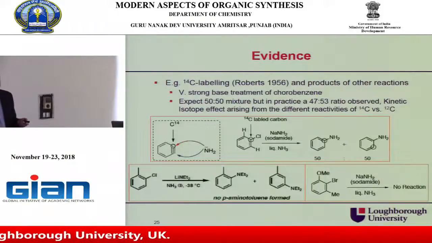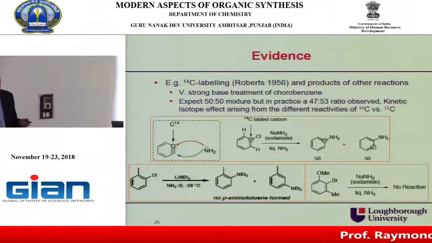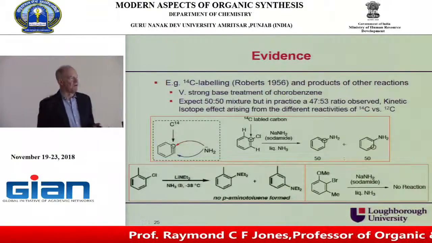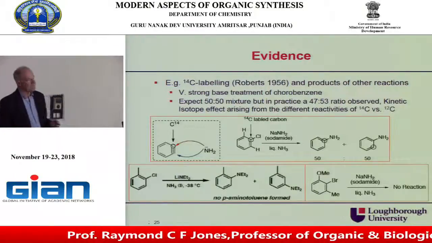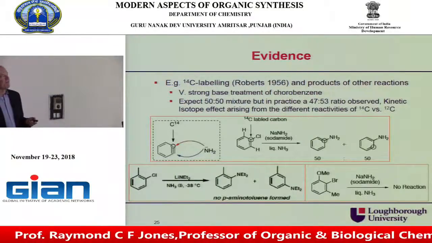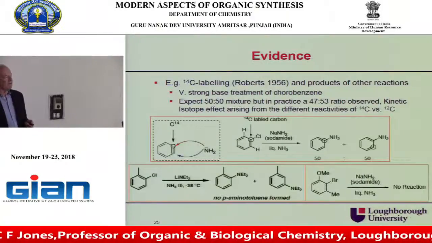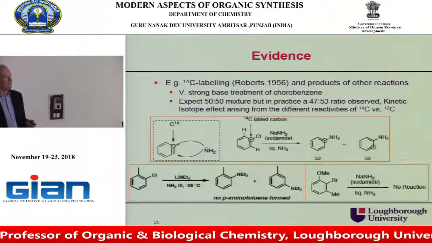In fact, when you examine this much more closely, it's not exactly 50-50, it's actually a 47 to 53 ratio, and that's because of the very slightly different reactivities of carbon-14 versus carbon-12. But it's approximately 50-50, which tells you that a symmetrical intermediate must be being formed.